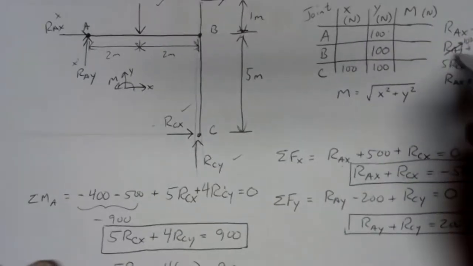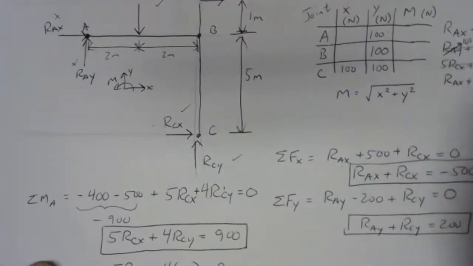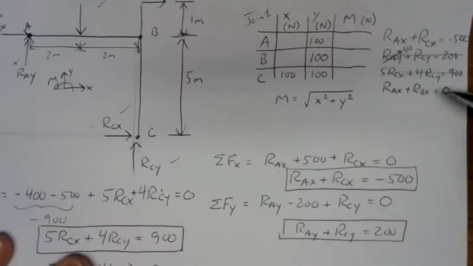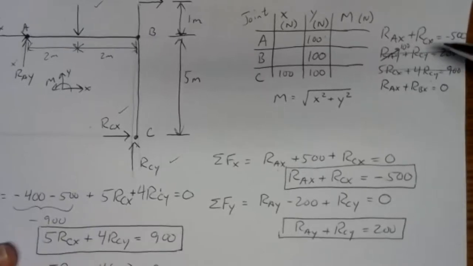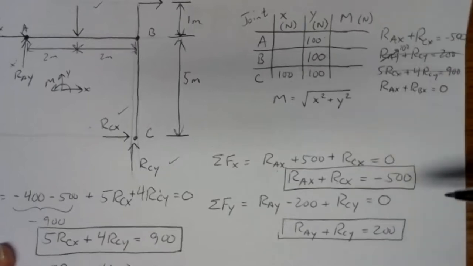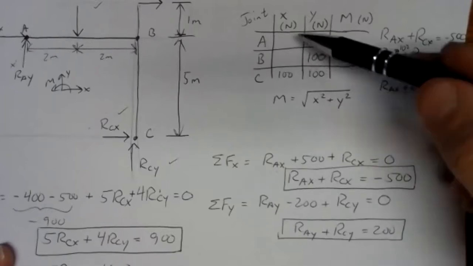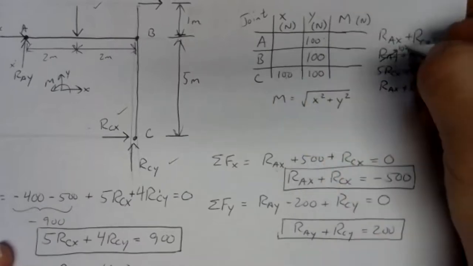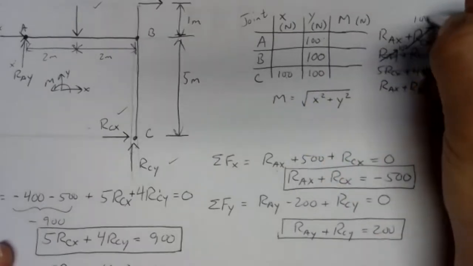And we've used this equation. So we can kind of cross out the equations we've used in our equation bank. We're not going to be able to use those again. So we were able to use those two. Well, let's see if we can work with any of the others now. Well, RAX plus RCX is negative 500. We know what RCX is now, so we can figure that out. And RAX plus RBX, well, we don't have enough for that yet. We don't have either of those two. So it looks like we've got to go to RAX plus RCX equals negative 500. RCX is positive 100.